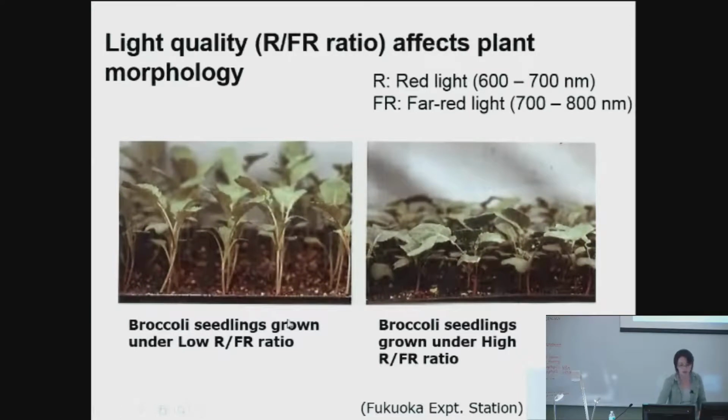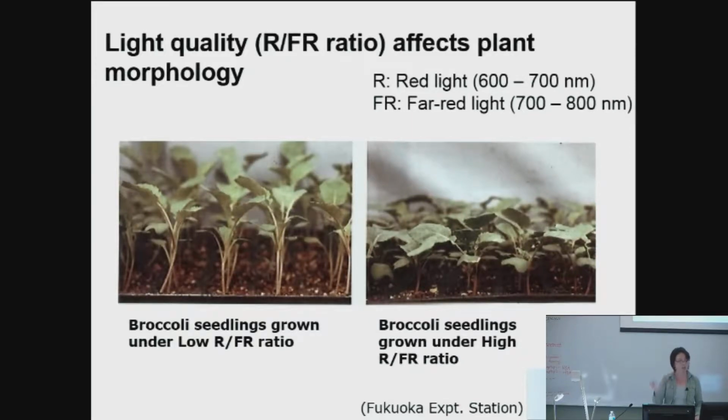So these are the seedlings, young seedlings of brassica, broccoli, growing under different red and infrared ratio. Red light is 600 to 700. Infrared light is 700 to 800. By the way, infrared light is very hard to see with your eyes because it's at the very edge of the visible light, right? Visible light goes to 780.